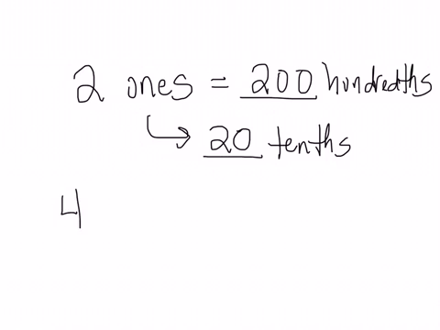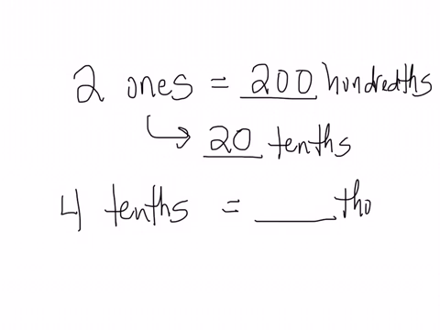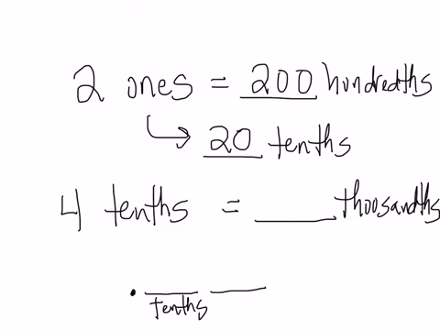All right, and last one. I'm at tenths, and I'm going to go to thousandths. There's a spot missing. In the decimal system, right after the decimal point, this is tenths. This is hundredths.